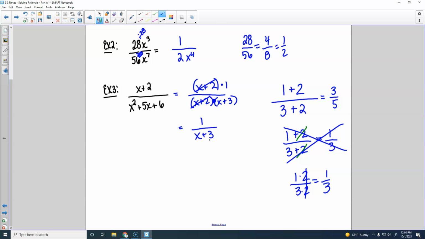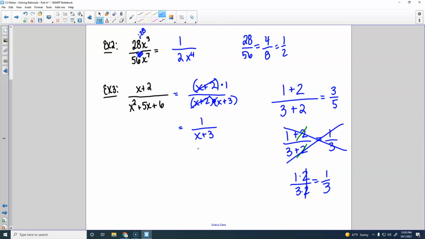Okay? So, we have been talking about domain a lot. So for domain, we cannot have zeros in a denominator of a fraction, correct? So, obviously, what number can I not have in the bottom of this fraction?